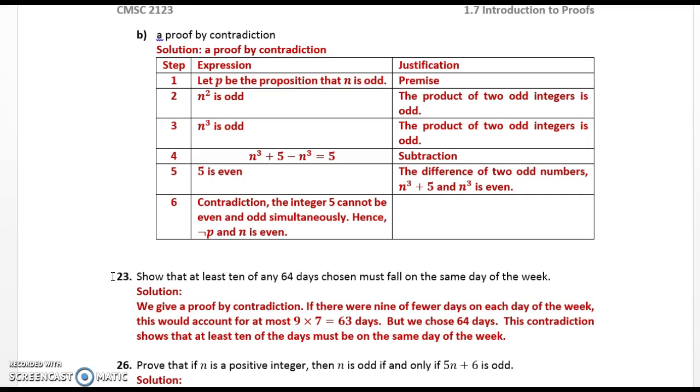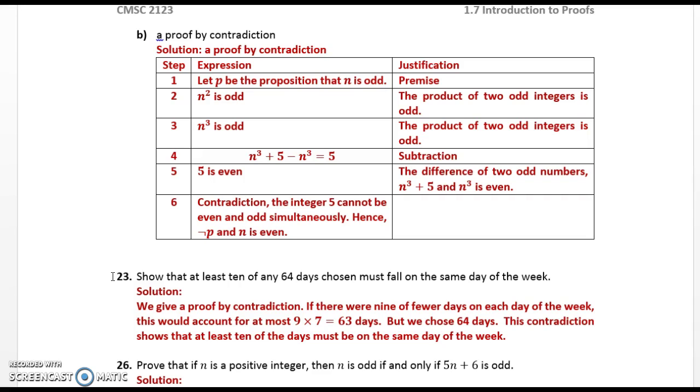Our first step is to let p be the proposition that n is odd. We know that n squared is odd because the product of two odd integers is odd. We know that n cubed is odd because the product of two integers is odd. We subtract n cubed plus 5 from n squared, or from n cubed, obtaining 5.